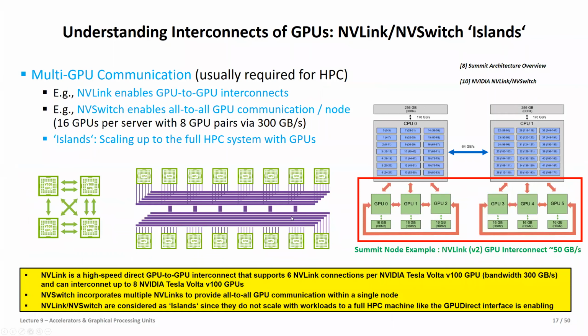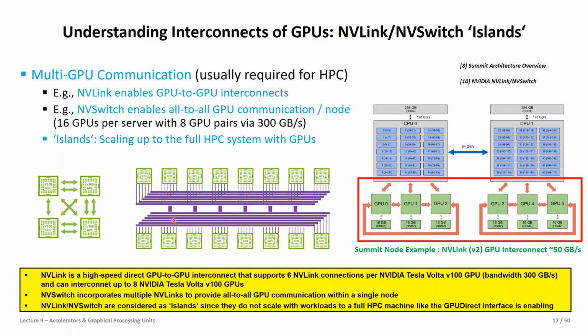So understanding the interconnects again from GPUs, the NVLinks and the switch islands is now a similar strategy. So it has these NVLinks. Of course, this is one part of the game of why it's so fast when you want to interconnect these GPUs. Then you would also have the idea of these NVSwitches that are essentially multiple of those NVLinks, and to really provide this all-to-all GPU communication, you see a little bit here.